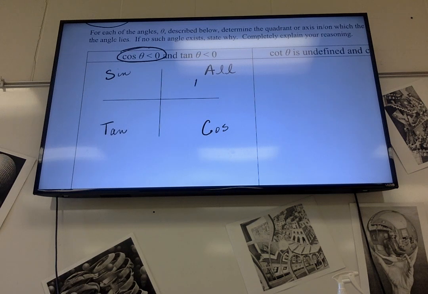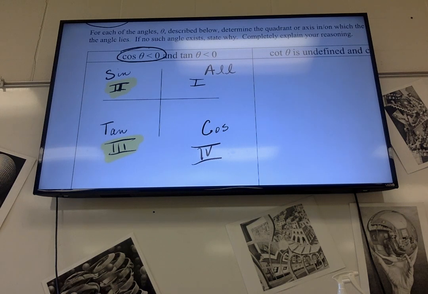It goes 1, 2, 3, 4. So all and cosine are positive in the first and the fourth quadrant. So that means they're negative, and that's supposed to be a 2, it looks like a 1, there we go, in the third and the second quadrant.